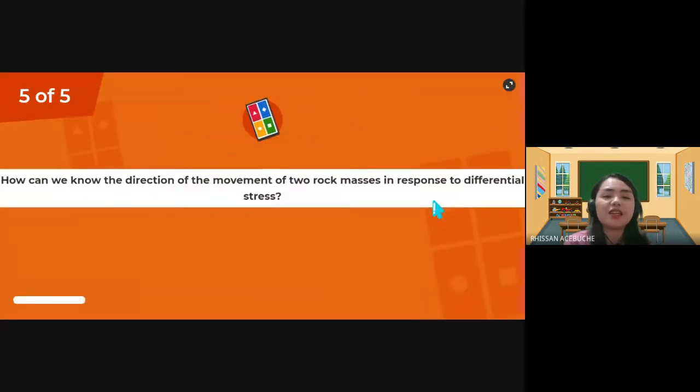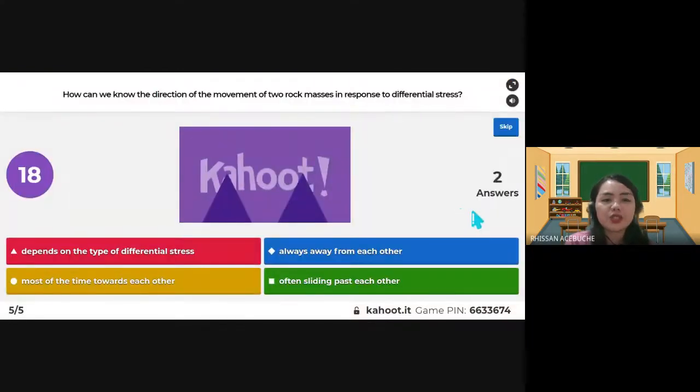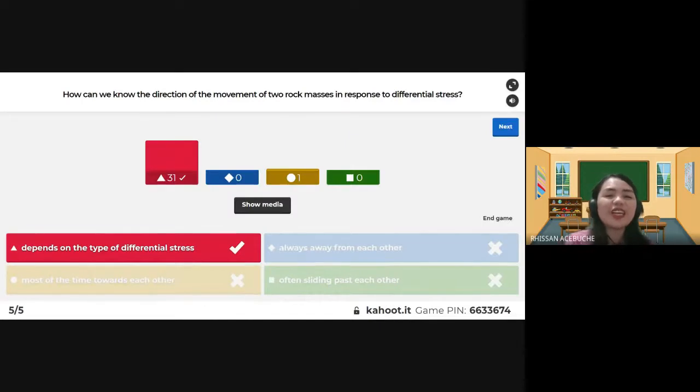And the final one is, how can we know the direction of the movement of the rock masses in response to differential stress? Wow, you answered so fast. 30 answers. Okay, so 31 got it correctly. It depends on the type of differential stress.